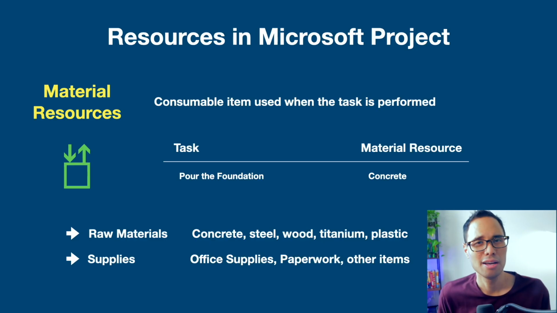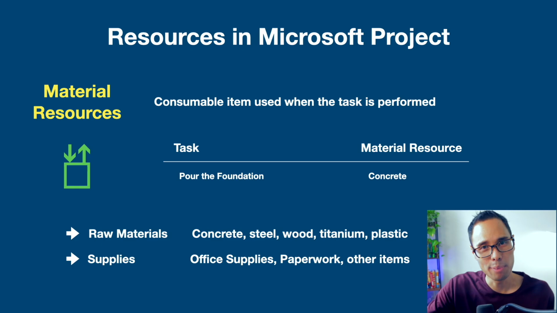So whenever you need to track how many items are being used and the cost of the materials being consumed throughout your entire project, then you should assign material resources. For example, assigning the material resource of concrete to a task of pouring the foundation for a construction project. Does that make sense?